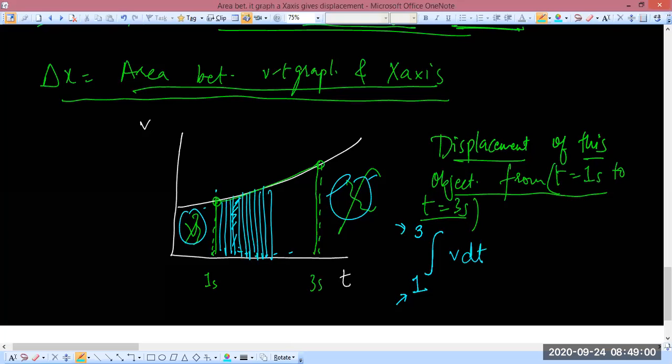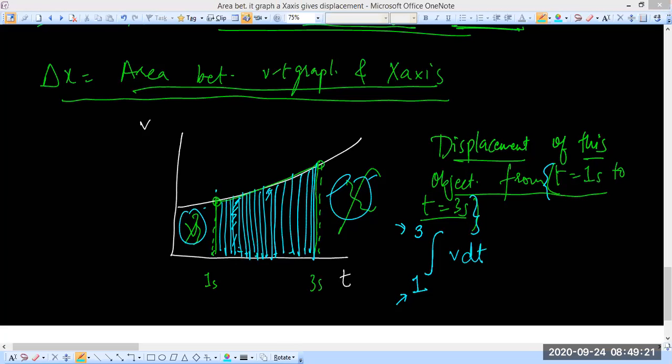We have to only find that area which falls between 1 second and 3 seconds, because I want to find displacement from 1 second to 3 seconds. Clear? I'm waiting for your response, everyone. Have you understood why I wrote 1 and 3?